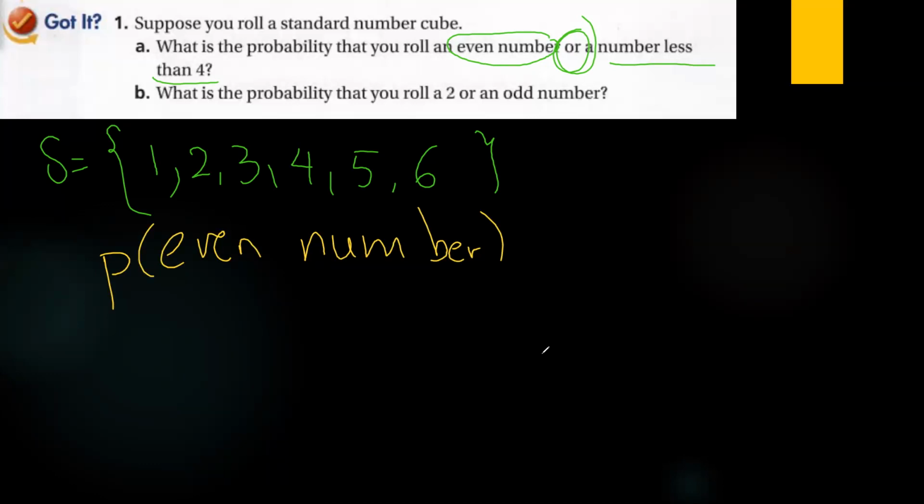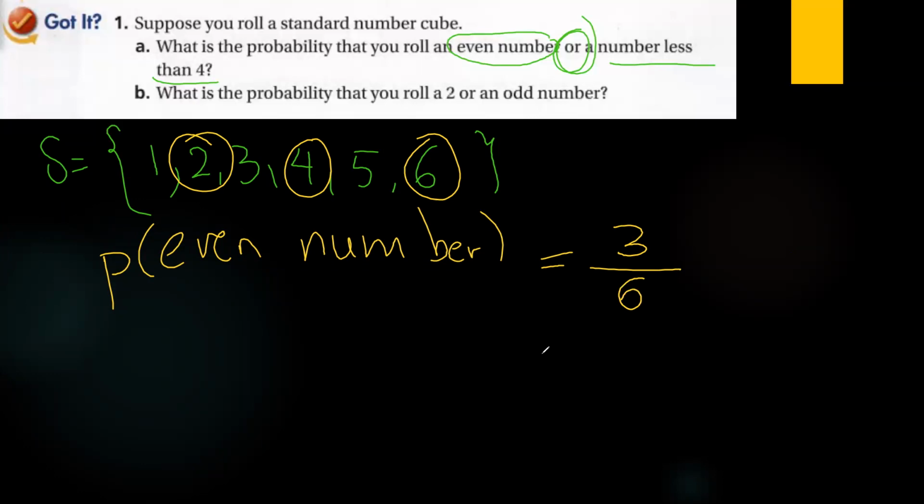And this is not a compound event. This is a simple event because I have only one event. I count how many even numbers we have. We have 3 numbers over how many all possible outcomes? They are 6. So I will say 3 over 6. This is a simple event. I have only one event.